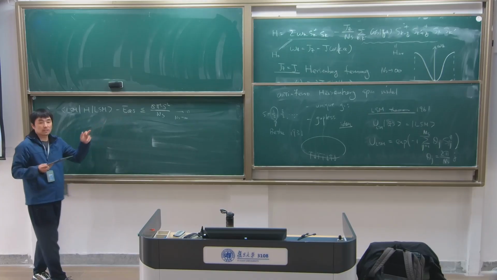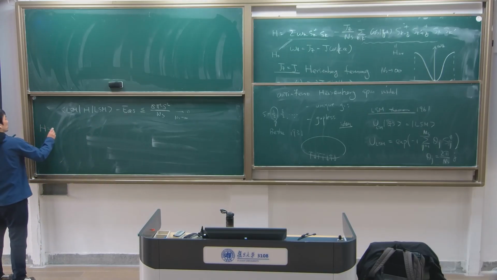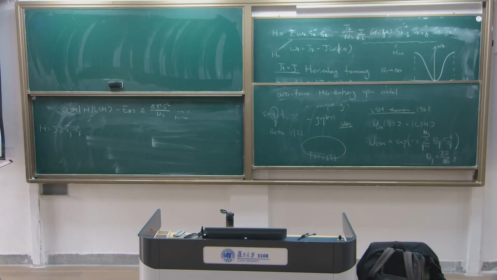Okay. So the Hamiltonian, assuming H is equal to J sum of S_j dot S_j+1, like this.